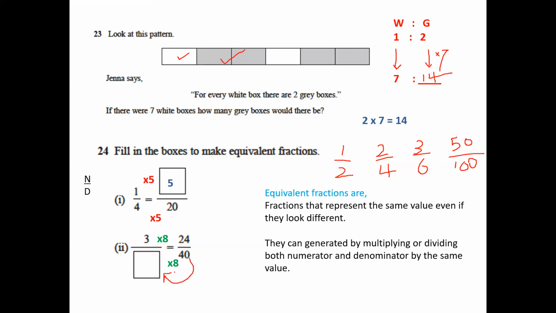To get the answer, you can divide 40 by 8. So 40 divided by 8 is 5. Like that, you can find many and many equivalent fractions by multiplying or dividing both numerator and denominator by the same value.